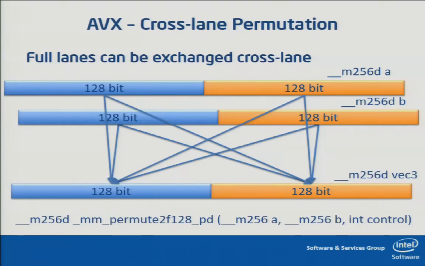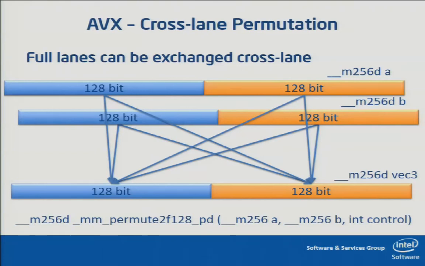So what you have to do is permute the lanes themselves and then do one of the other operations. There is an _mm256_permute2f128, sorry, it's missing again, which will do exactly this. And it has, again, this control value that allows you to specify which lane you want to shift where.